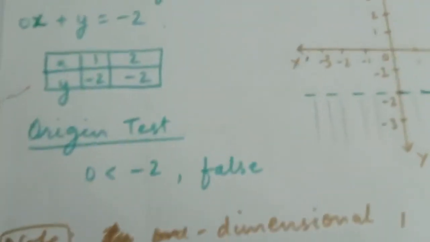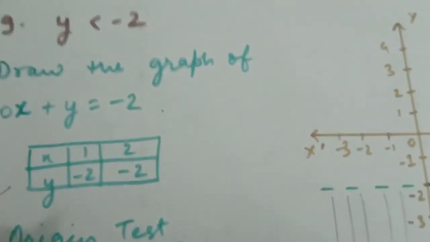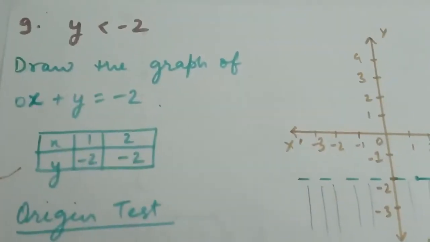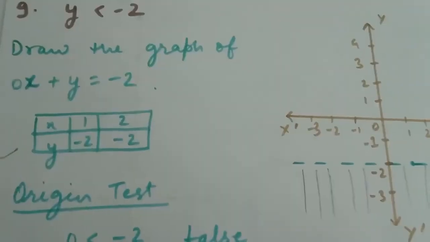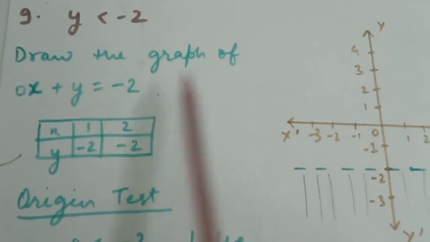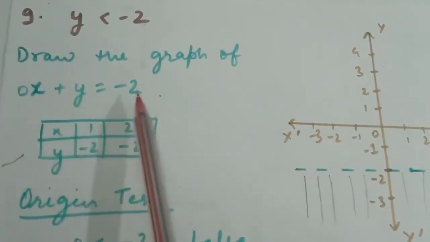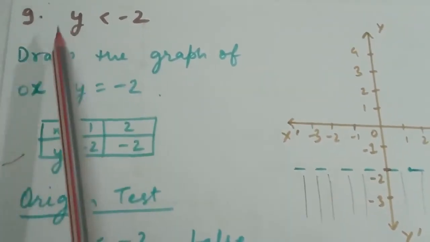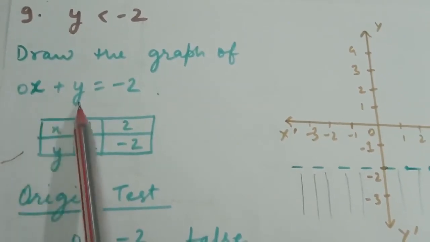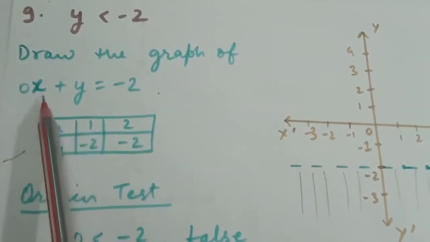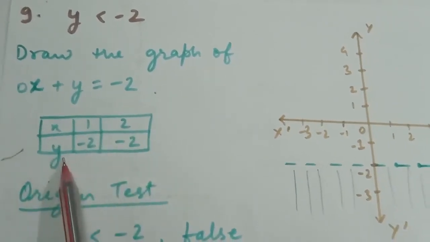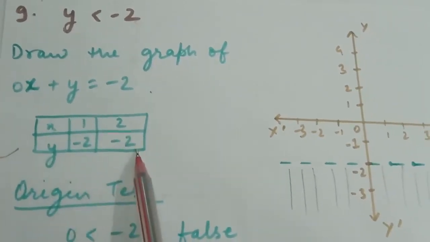Now next is question number 9. y is less than minus 2. So first of all, draw the graph of the equation y equal to minus 2. As x is not here, we can write it as 0x plus y equal to minus 2. So for any value of x, the value of y will be minus 2.